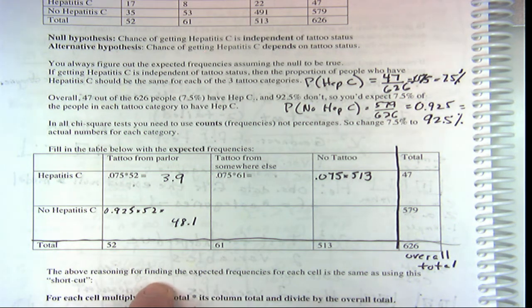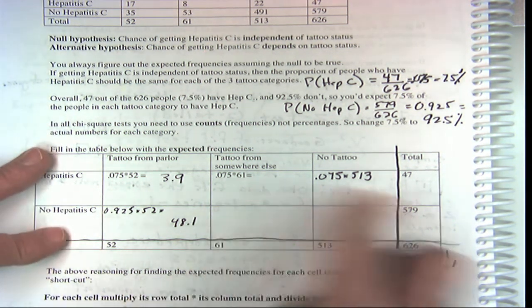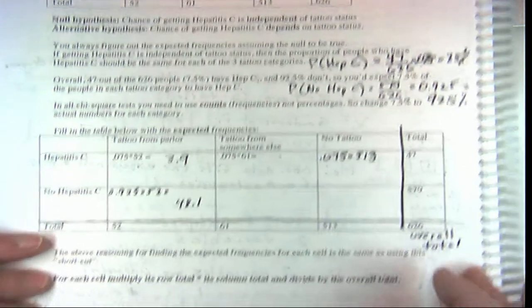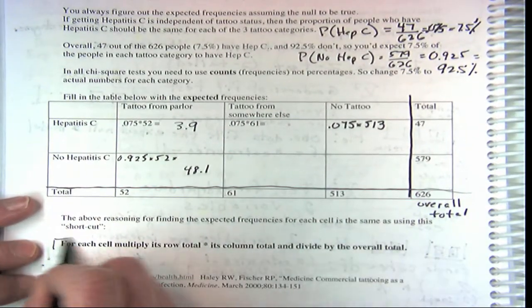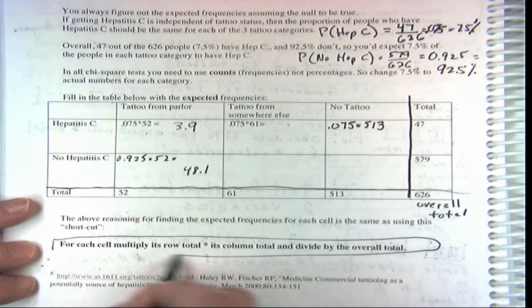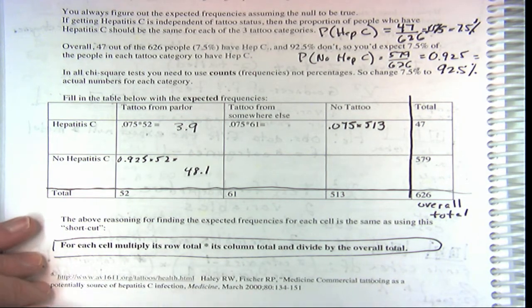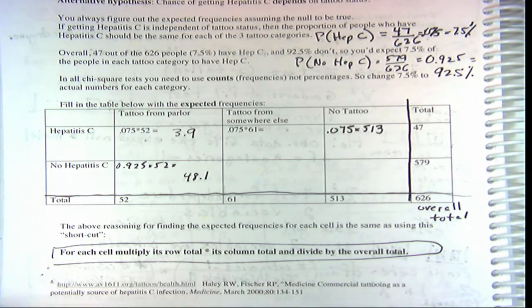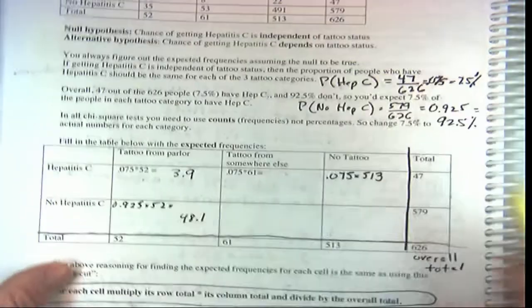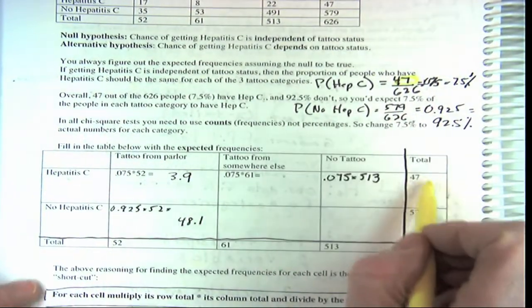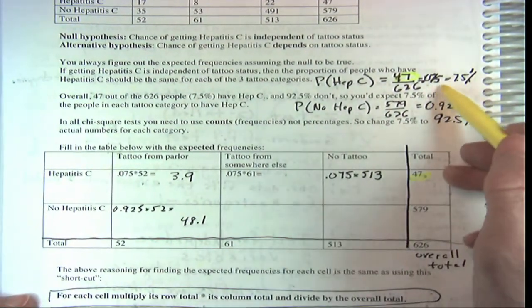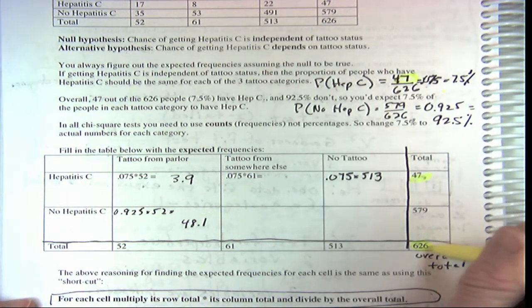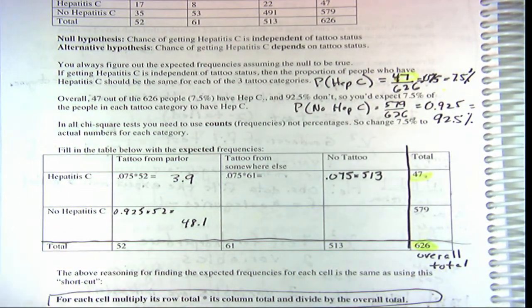All right. So now another way, and we could fill it in there, but a shorthand way of doing this, some people like this better, is this. Why is that the same thing? That you could figure each one by doing this. Look, this 47 is the row total. This 626 is that. So what are we doing here?